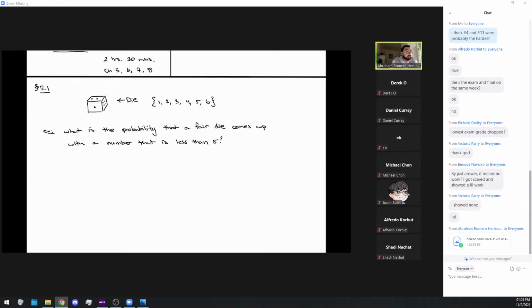If you know the answer to the question, that's good, but don't fully answer it right now. What is the probability that a fair die comes up with a number that is less than 5?